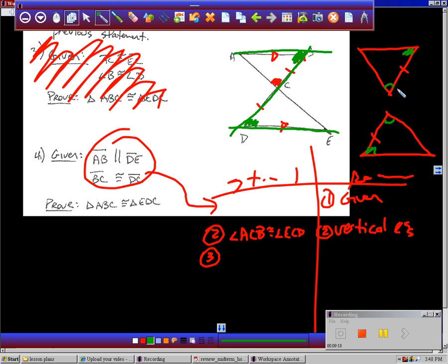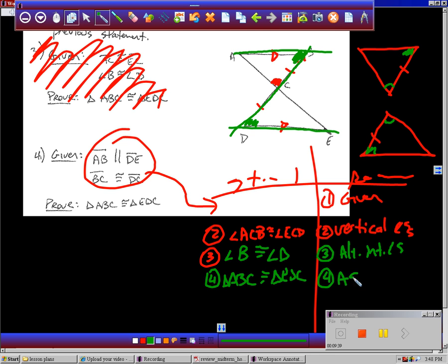With your vertical angles here, that's going to give you angle B congruent to angle D, and that is because of alternate interior angles. So triangle ABC is going to be congruent to triangle EDC, but this time it is because of angle side angle and not angle side. That's how you do that.